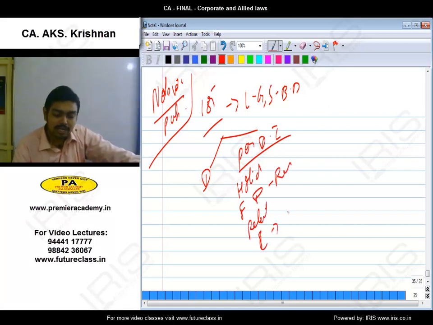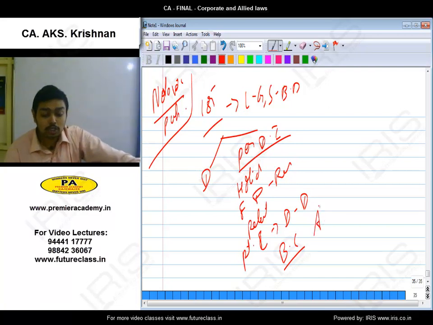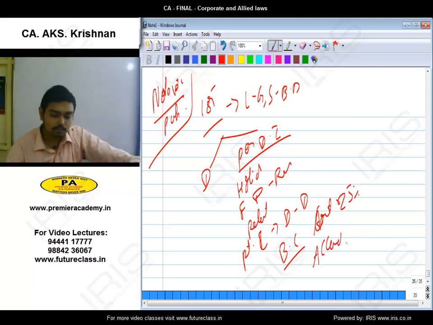Then a private limited company in which the director is a director. Then a body corporate in which the board of directors control 25% of the shares, and whose board is accustomed to act on the directions of the lender.